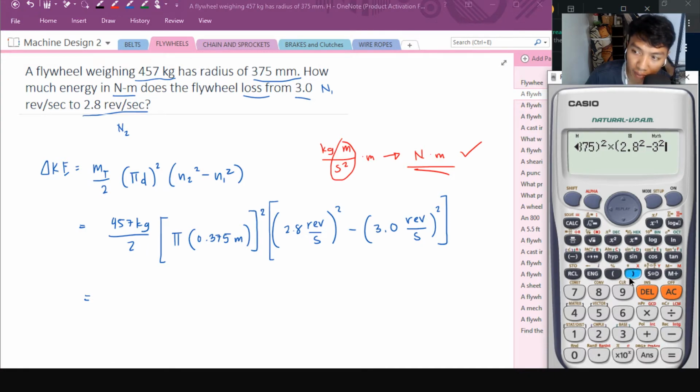Dapat to negative kasi energy loss. That is, dinivide ko ba ng 2? Kulang ata. Pi squared 0.375. Ano ba mali ko dito? 3 times 2.8. Let us check muna ha. Tama naman.